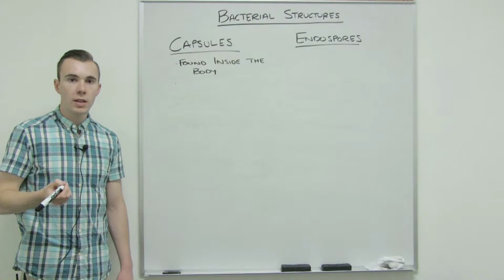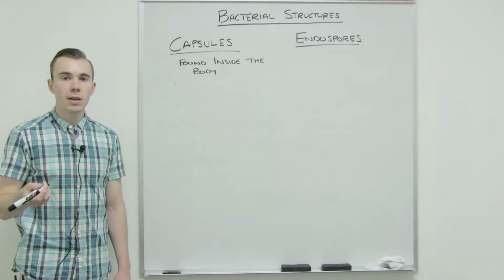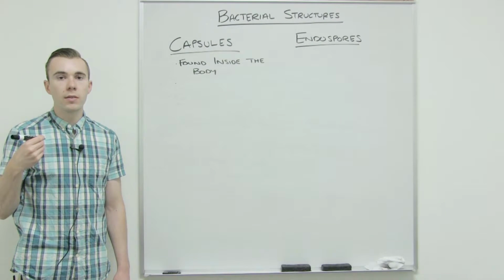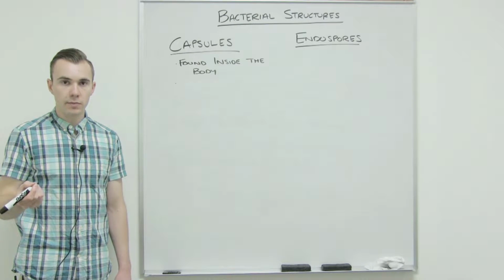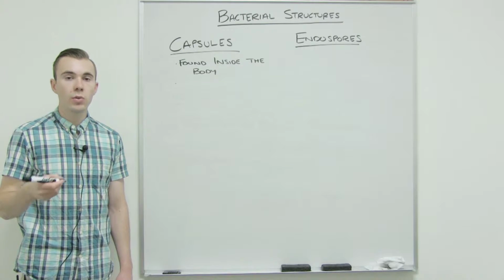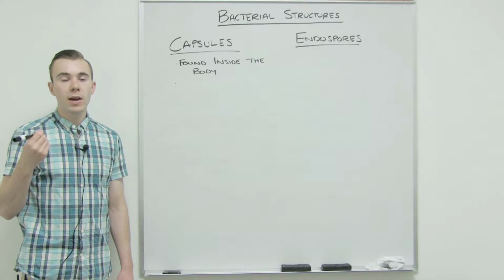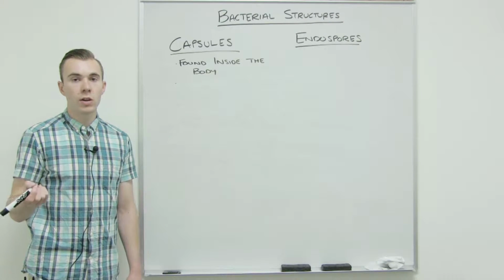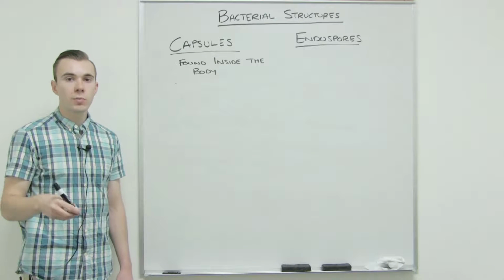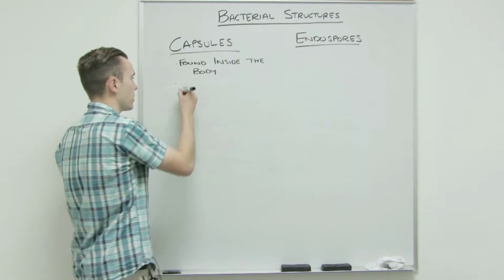Therefore, the protection that they're offering is to protect the bacterium from the immune system. The immune system includes white blood cells, which use phagocytosis to try to destroy bacteria. So this protects the bacteria from phagocytosis.